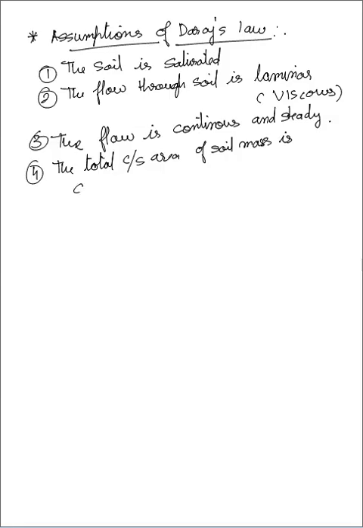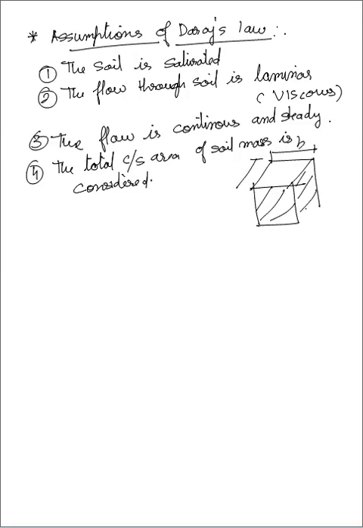Suppose this is the soil mass, so you have to consider the total cross section area. Suppose this is B and this is D. So B into D, this is the total cross section area you have to consider, because the actual cross section area will be different. The actual cross section area will be less, I told you, because there will be soil solids.